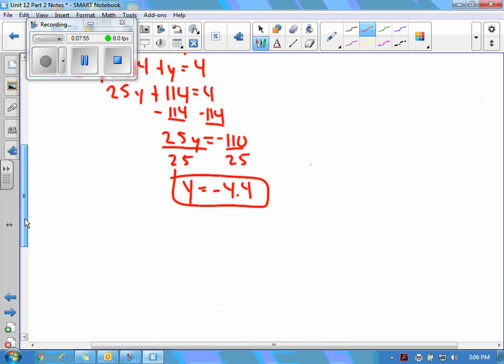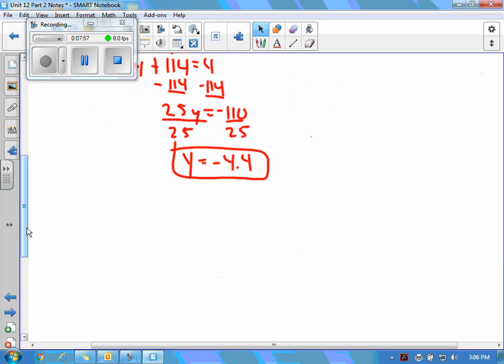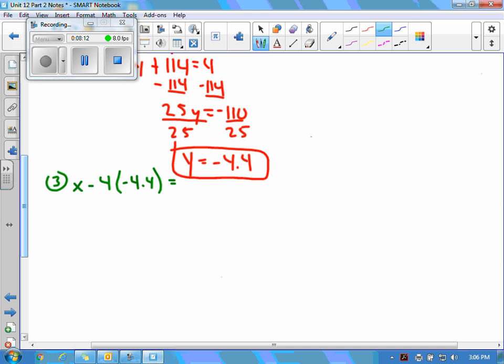So then my last step is to take that y and plug it into either equation. So let's say I'm going to plug it into the bottom one. So I have x minus 4, and then I replace y with negative 4.4 equals 19. So that's x minus, or sorry, x plus, because I'm doing a negative times a negative. That's going to give me 17.6 equals 19.